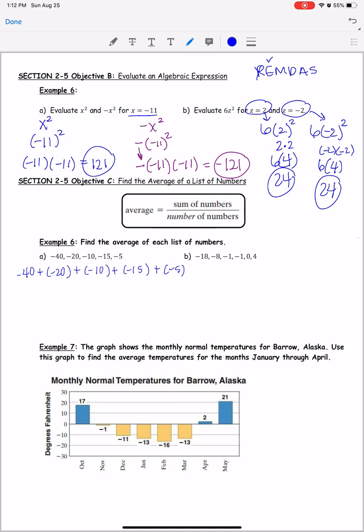This one's a pretty easy one because these are all the same sign, right? They're all negative. So we're going to add and keep the sign. So 40 plus 20 is 60, plus 10 is 70, plus 15 is 85, plus 5 is 90.